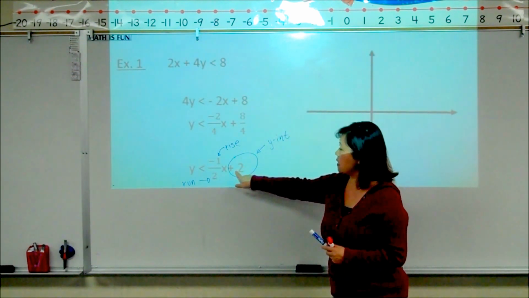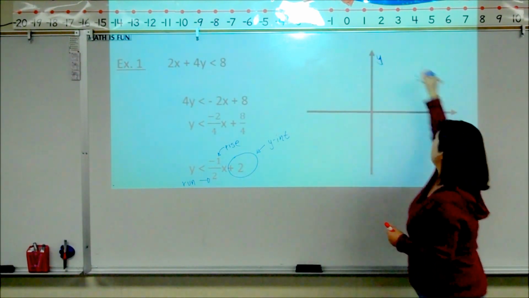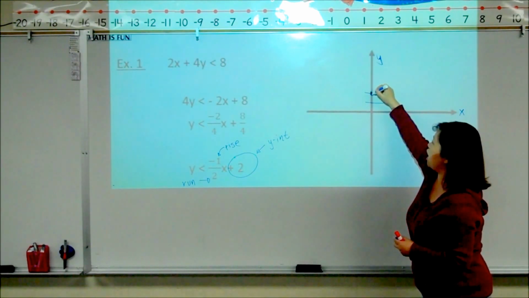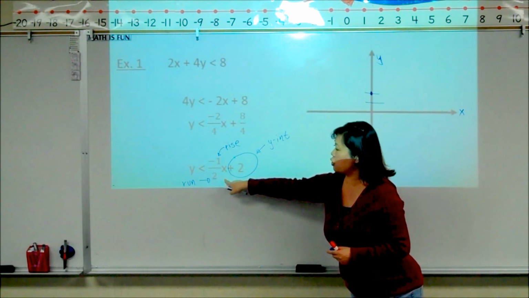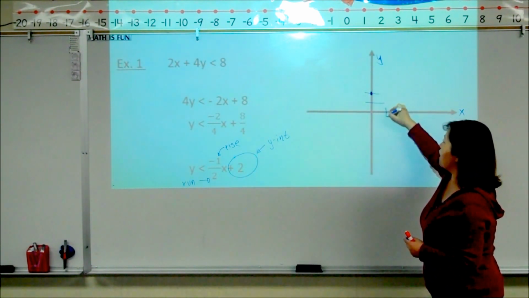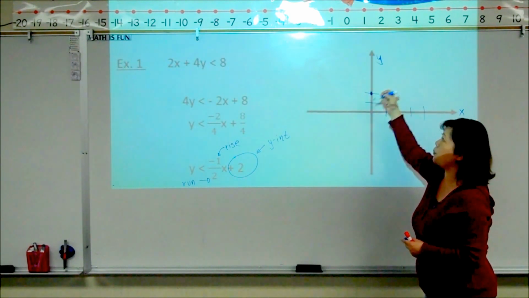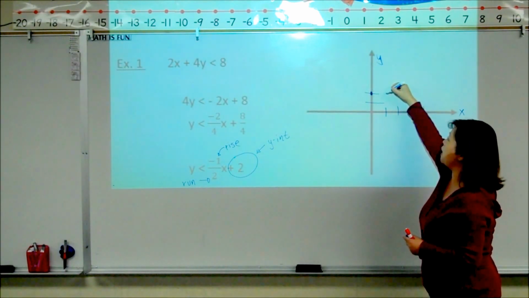The y-intercept says it's plus 2. Let me label this y and x as well. So for the y-intercept of 2 right here, we're going to put a dot at 2, because this is the y-intercept. Then I'm running 2 from the y-intercept. Running positive 2 is this direction on the x-axis, so I'm running 1, 2.